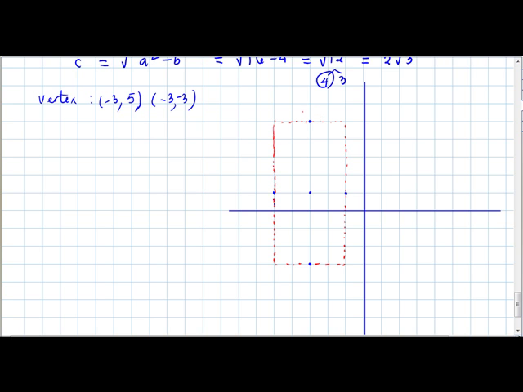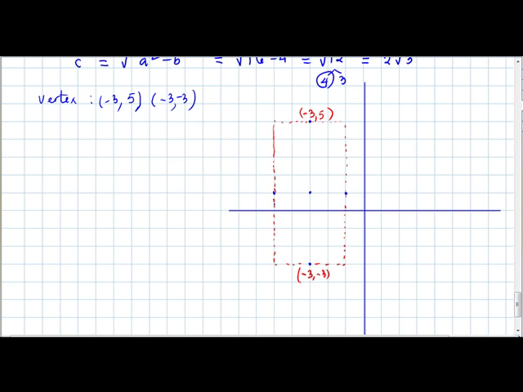So right here is our vertex, the point minus 3, comma 5, and minus 3 is our vertex. Now we pretty much can draw our ellipse, but we have to find our focus.